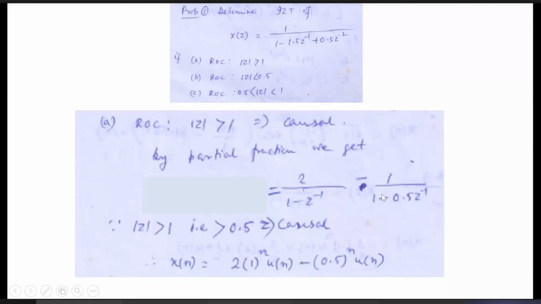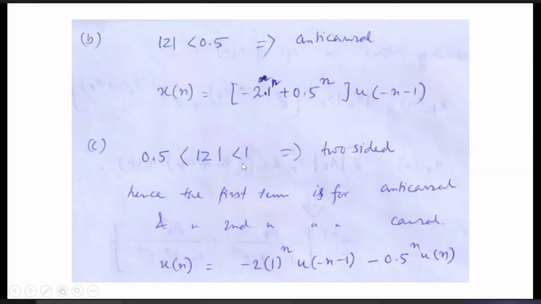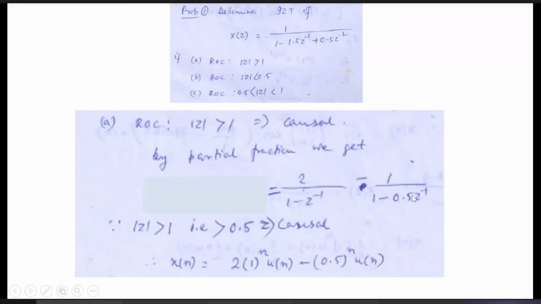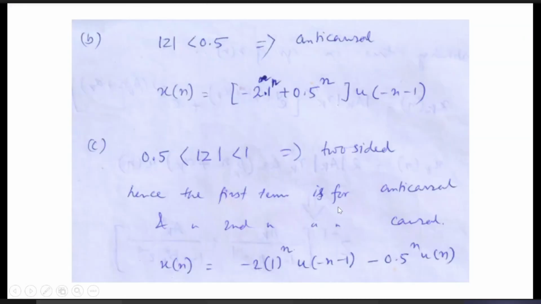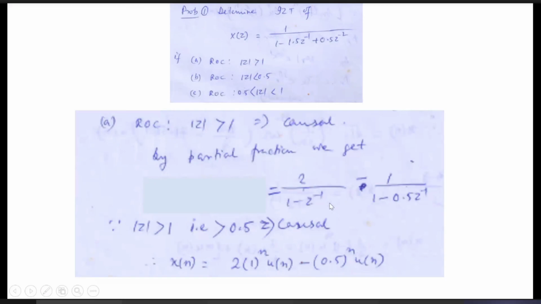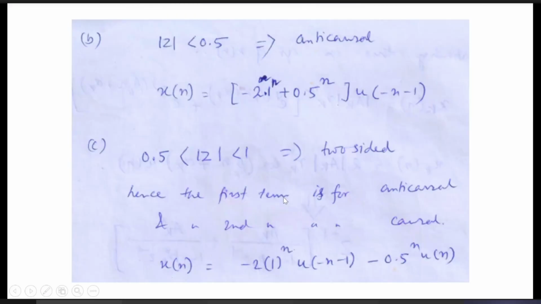And this term, which is 0.5, less than 0.5, it is told it is less than 0.5, this term will give you the anti-causal sequence.